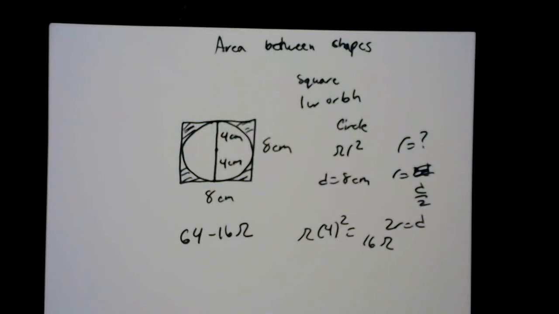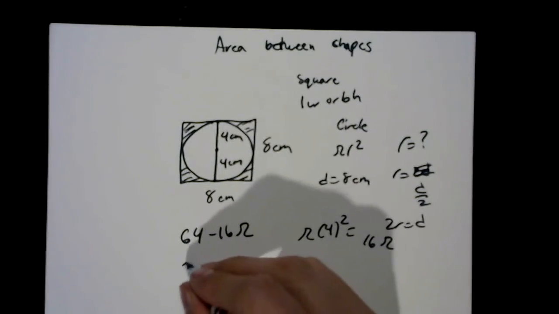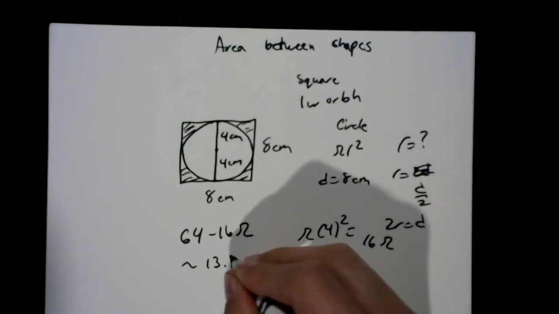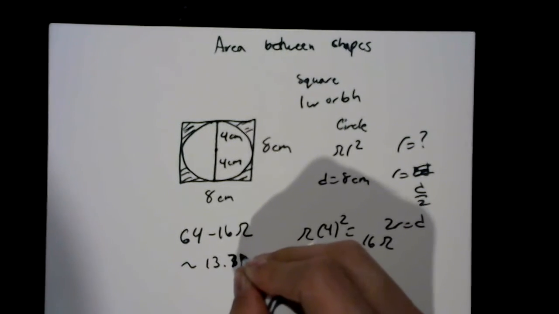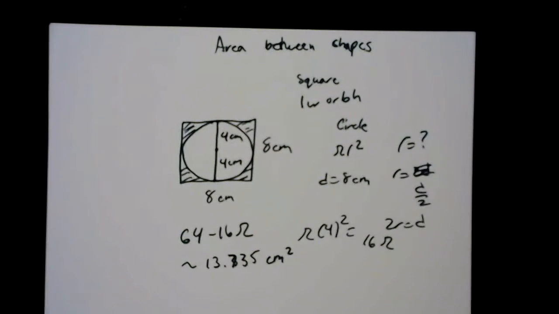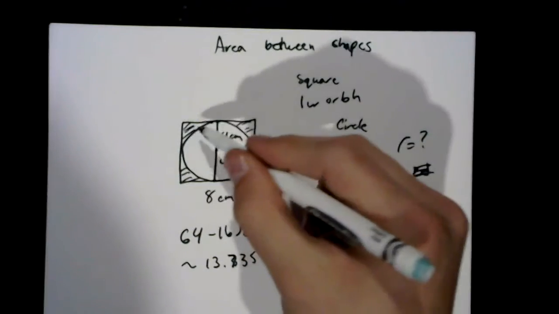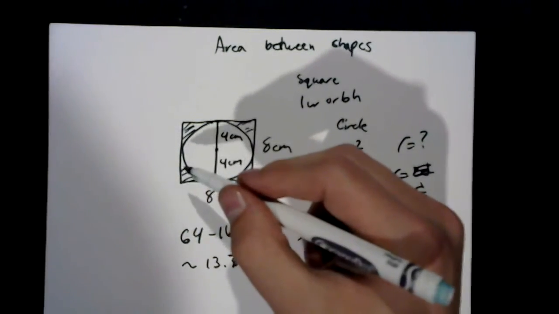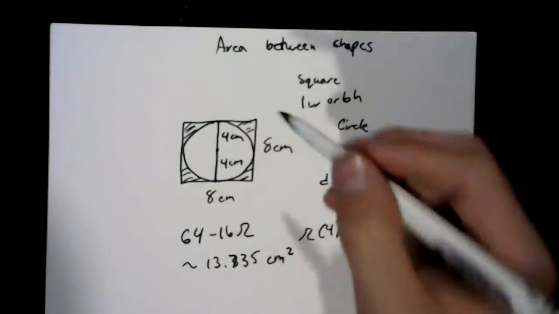It might be an answer, but if they were doing it in decimal form, your answer would be approximately 13.735 centimeters squared. So that should be what all 4 of these little triangles should equal, which makes sense in an overall picture.